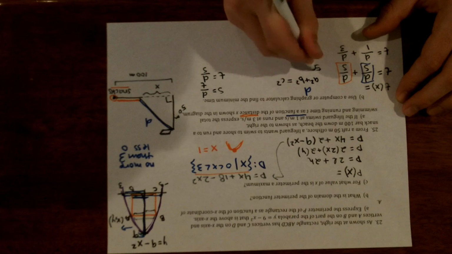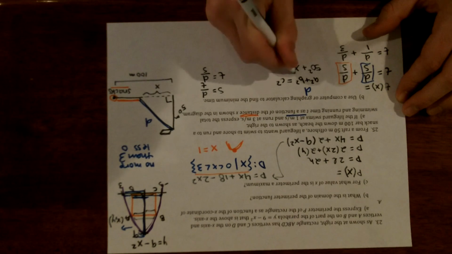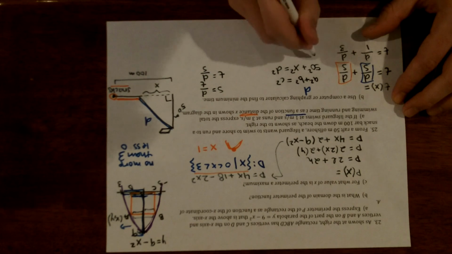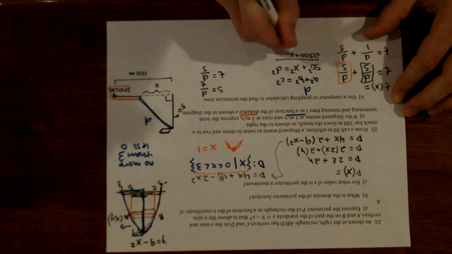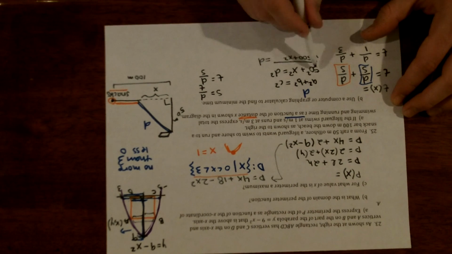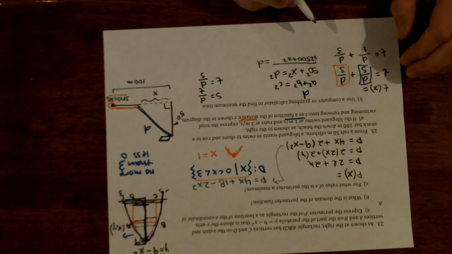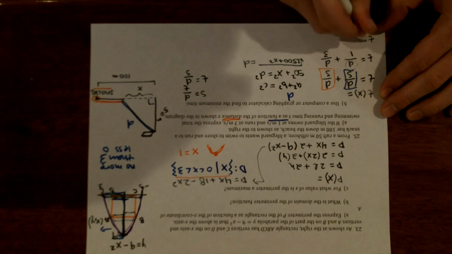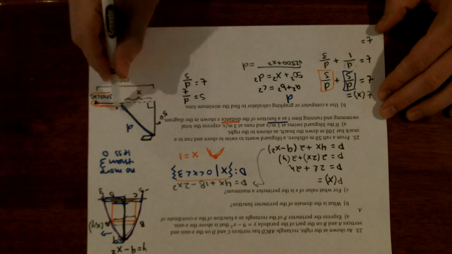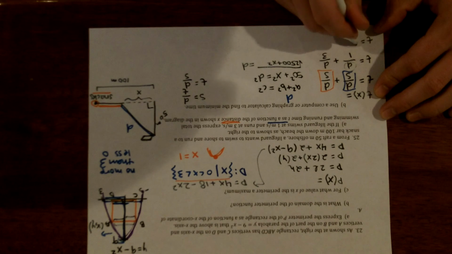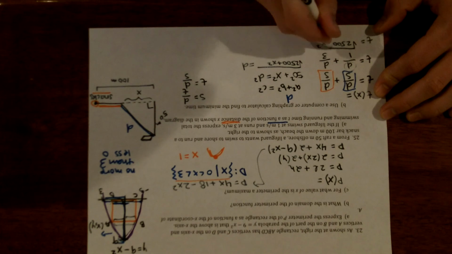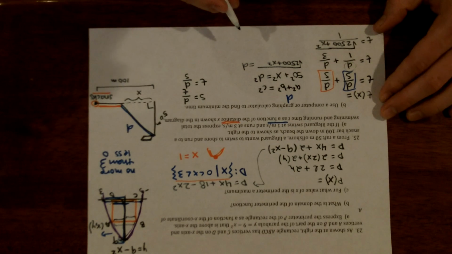So we know 50 squared plus x squared has to equal d squared. So d really equals the square root of 2,500 plus x squared. 50 squared is 2,500. So this d right here, our blue distance, our distance we're swimming, is really the square root of 2,500 plus x squared all over 1. Okay.